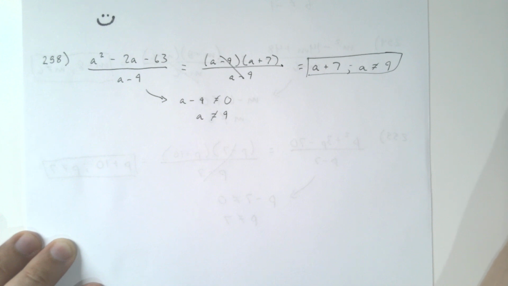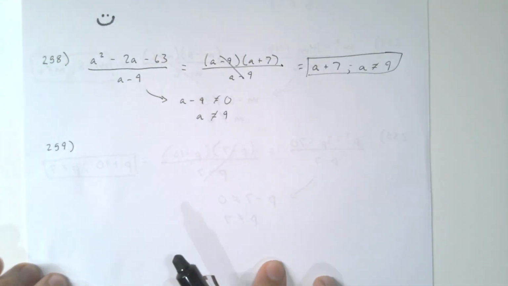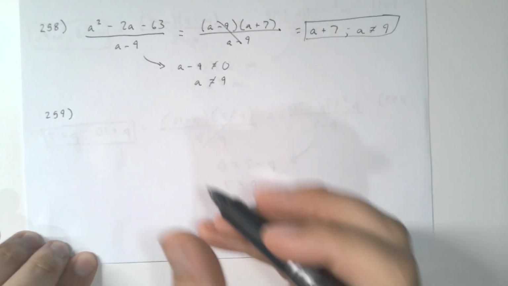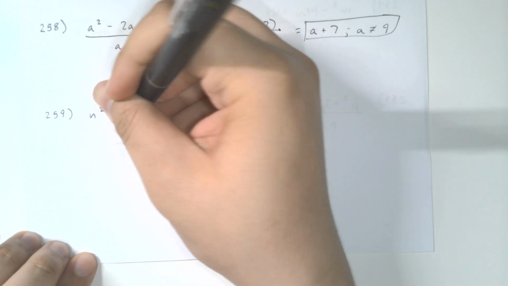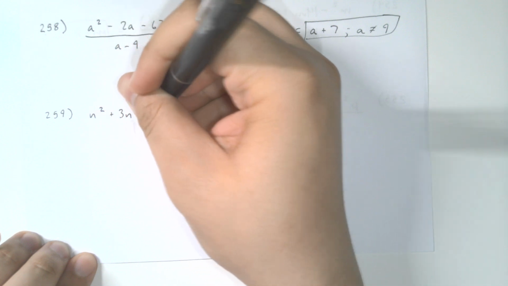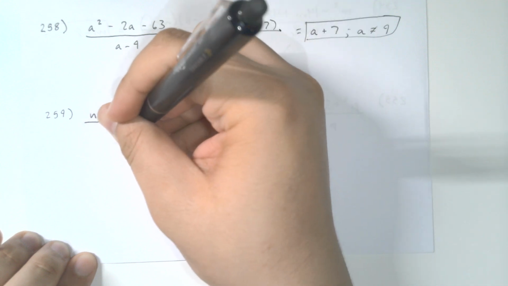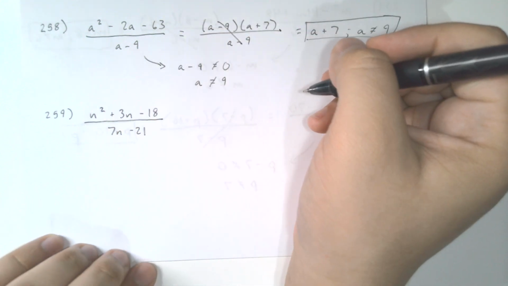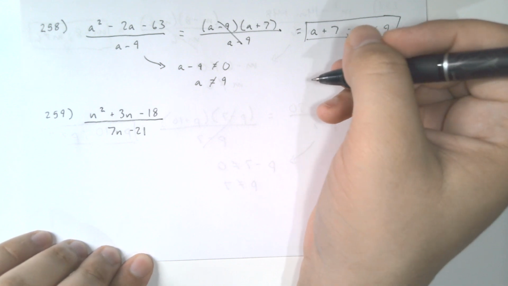Now let's look at number 259. We have n squared plus 3n minus 18 all over 7n minus 21. So we want to factor everything completely.